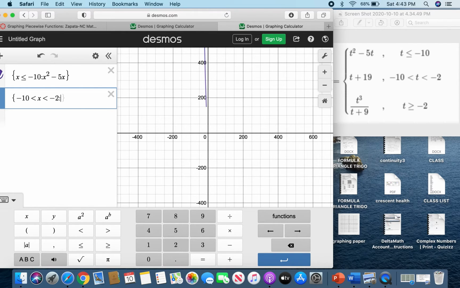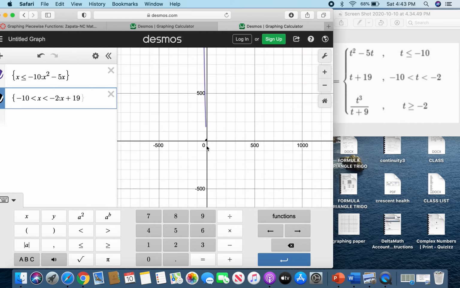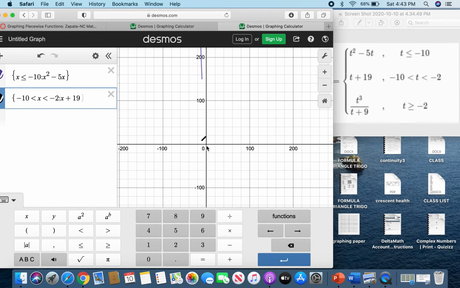Then you have to do colon, and then t, x plus 19. And that's the graph. Later on it's going to show. As you can see, there's a jump discontinuity here, so the graph would still be discontinuous.